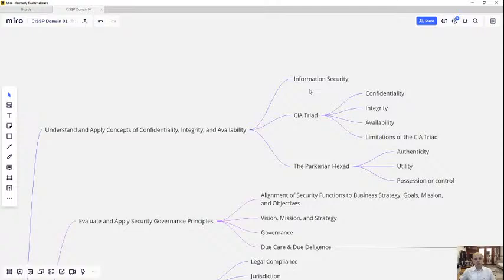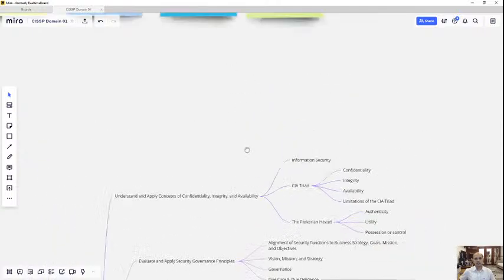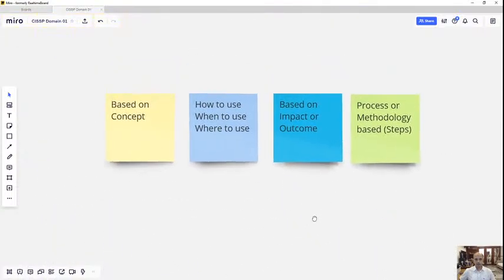I also need to understand what the CIA triad is and what the Parkerian hexad is. With this, in the CIA triad itself, my takeaway should be confidentiality. It means the definition of confidentiality, the implementation, the controls. Okay, for this, let's have an understanding of these 4 types.